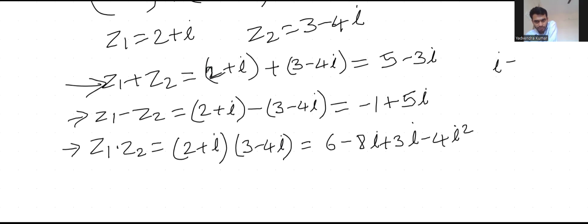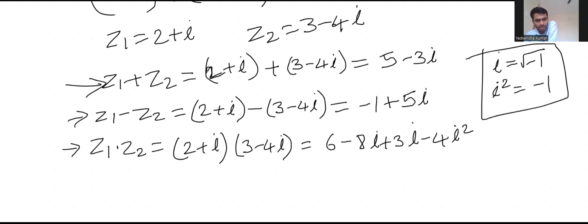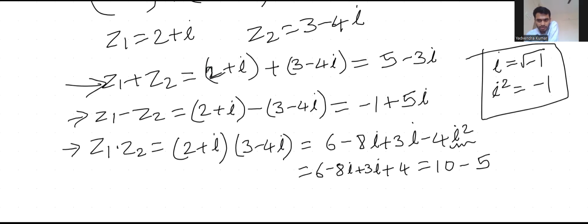Root under minus 1. So you can recognize that iota square will be minus 1. So now it is 6 minus 8 iota plus 3 iota, and this iota square is minus 1, so this will become plus 4. So this is going to be finally 10 minus 5 iota. This is our multiplication result.